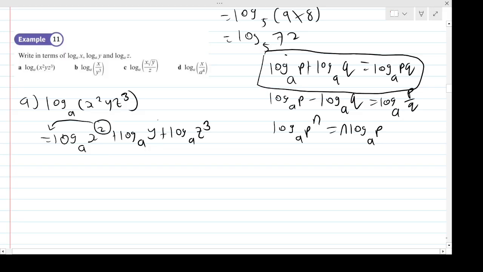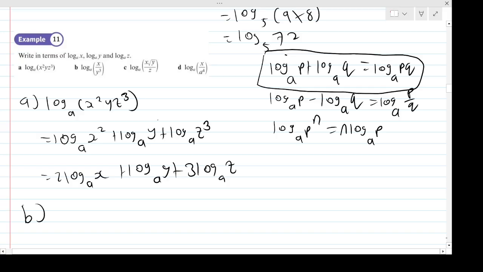Using this log law here, that will go to 2 log a x, add log a y, add 3 log a z, and now these are in terms of log a x, y, and z only.